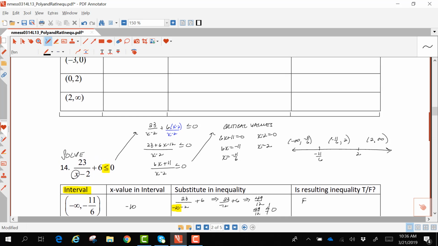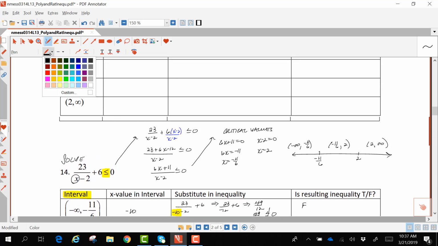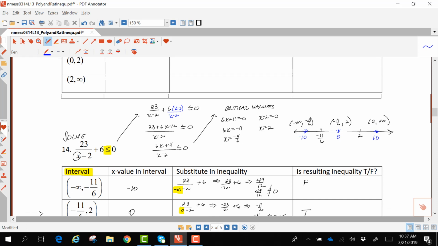The second column in the table is asking for an x value in the interval. My leftmost interval is to the left of negative 11/6, and negative 10 is a very easy number to use. Between negative 11/6 and 2, an easy number would be 0, and between 2 and infinity, the number 10.